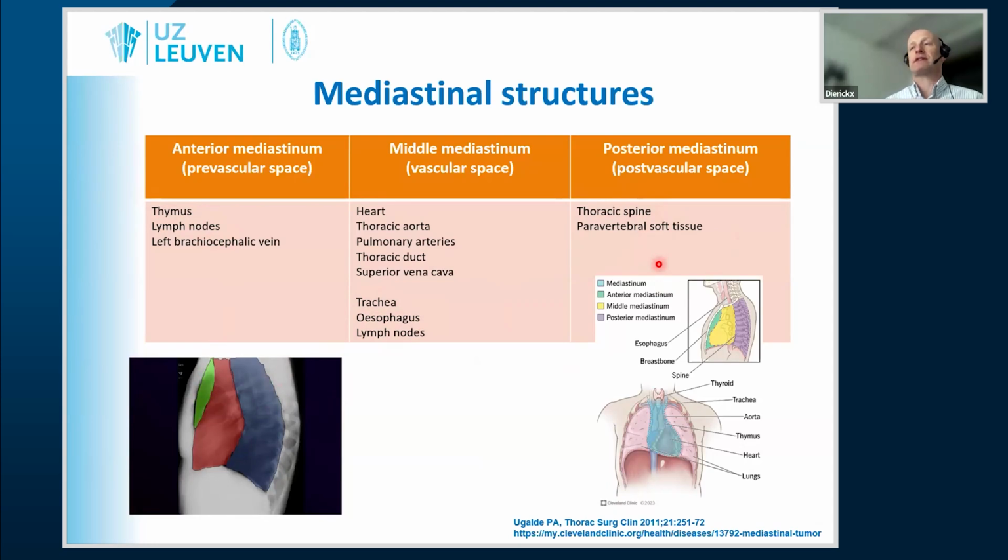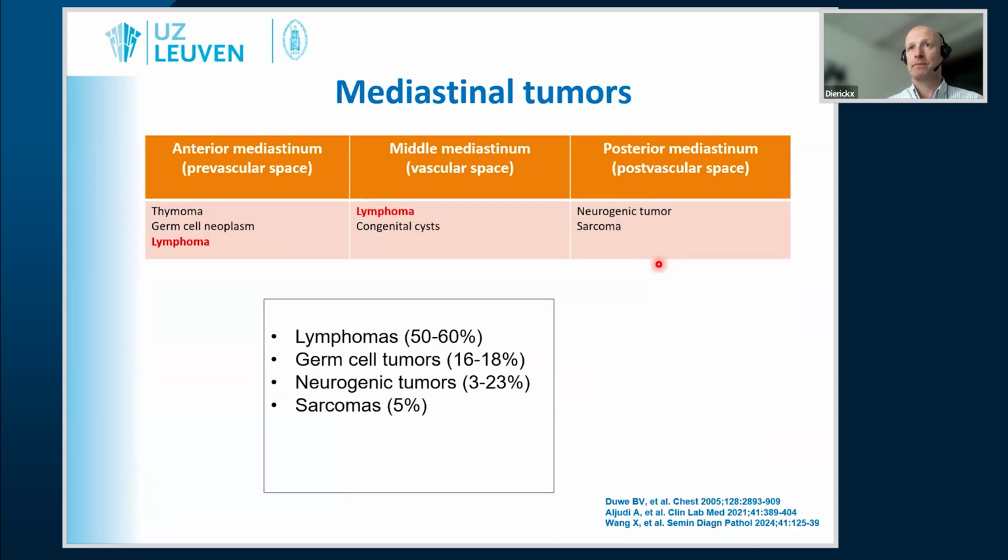So, based on this anatomical structure, we can already predict which malignancies or which tumors, it doesn't need to be a malignancy, but which tumors can be seen in which compartment of the mediastinum. So if you look at the anterior mediastinum, of course, the thymus is there, so thymoma or other thymic tumors can be identified there.